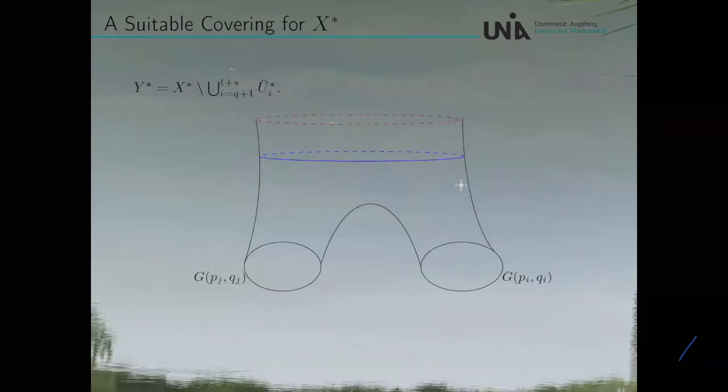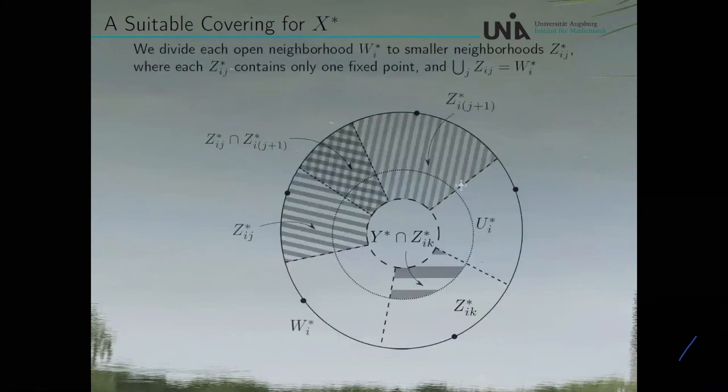What I am left with is one of the elements of the orbitals, of the covering. And then I need to cover the annular neighborhoods of those boundary components which have singular fixed points.